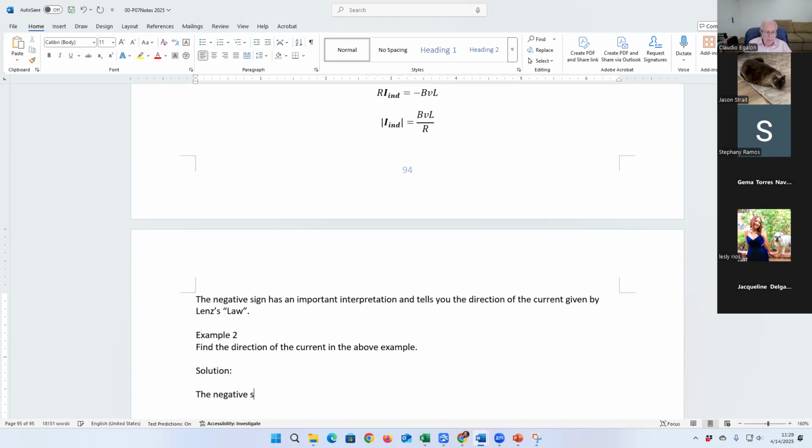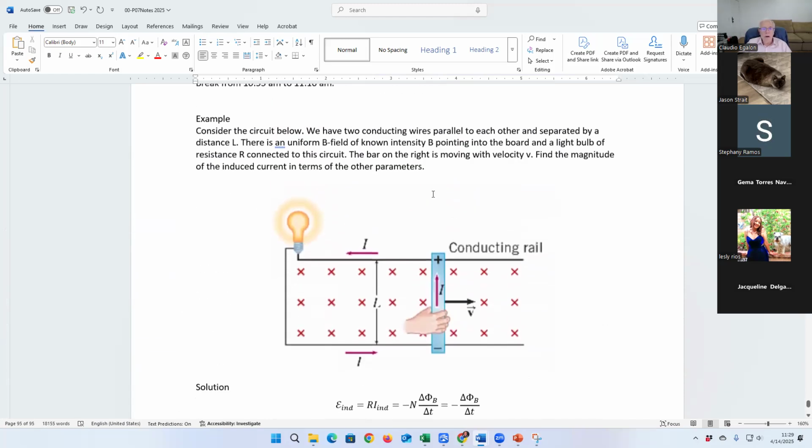The negative sign in Faraday's law. Okay, don't forget this is called Faraday's law.